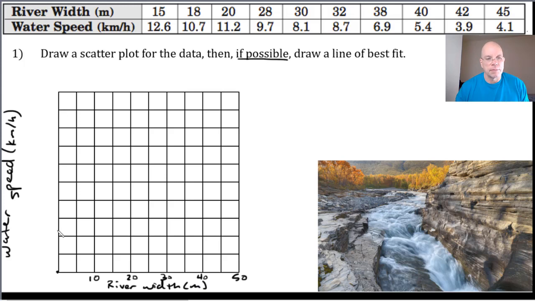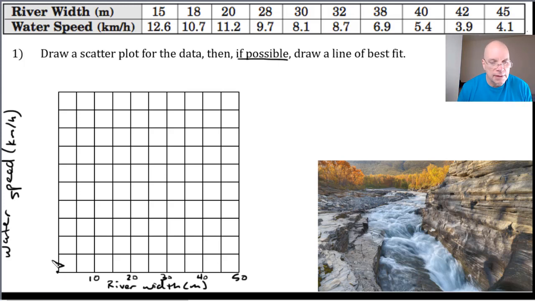And the y-axis is a little bit tougher because it looks like the lowest speed is 3 and 9/10. The highest speed is 12 and 6/10, and I've got 10 lines to work with, but I need to squeeze in all the way up to about 13. So I'm going to make a break in that axis, and if you want to see an example of a break, you look at problem number 5 on the back of your assignment, and you'll see that there's a little break.